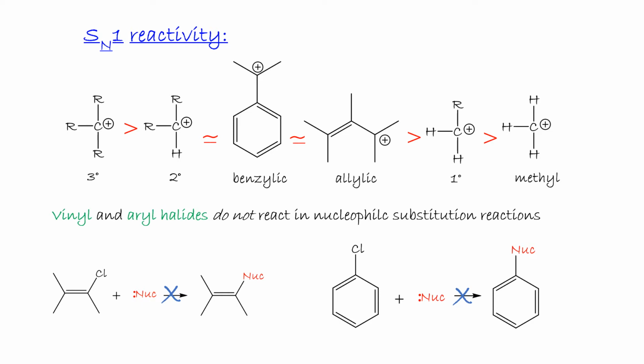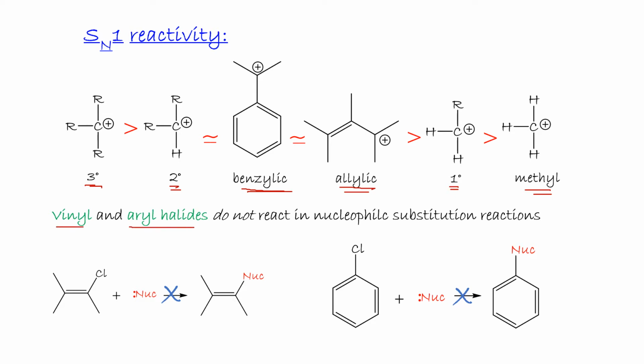To widen the view scope, for SN1 reaction reactivity, tertiary is more reactive than secondary, which is almost equal in reactivity with benzylic and allylic. They are more reactive than primary, and the primary is more reactive than the methyl.